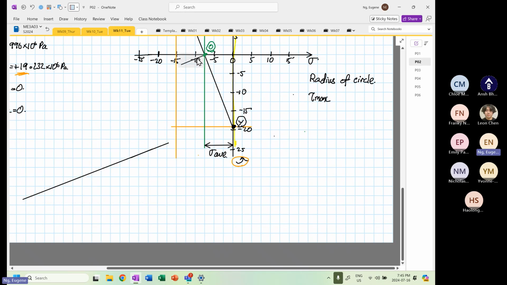So this over here, and this slope, this is the radius of the circle, R.